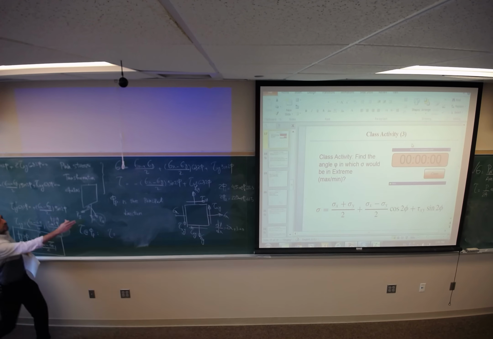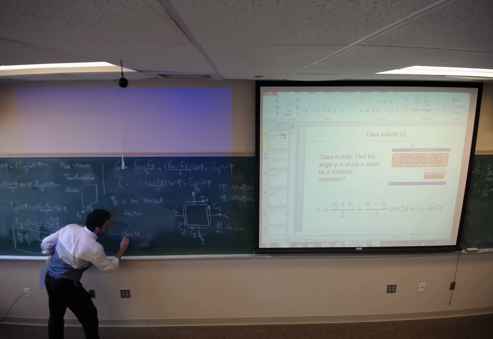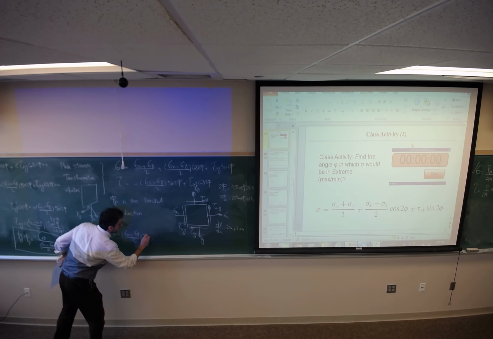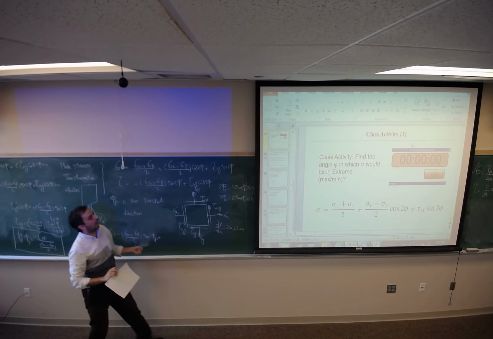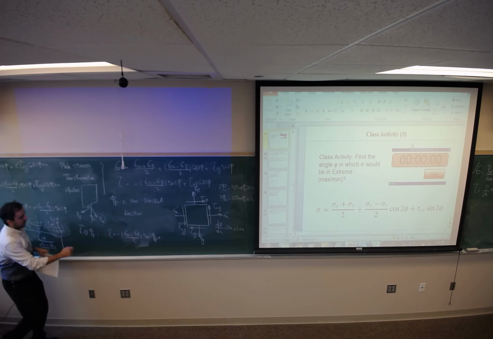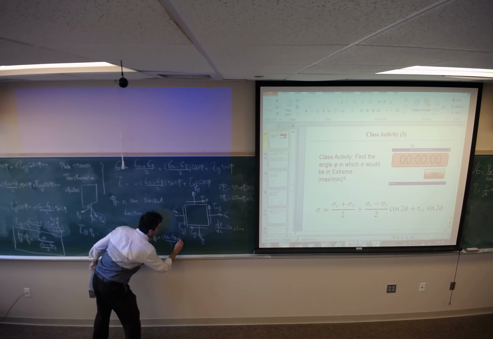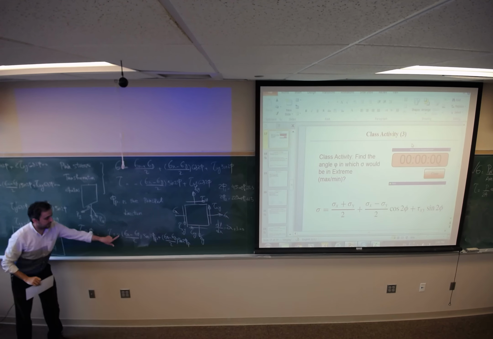let me have this negative (sigma x minus sigma y) divided by 2 sine of 2 phi p, plus, just look at the second term, tau xy cosine of 2 phi p. Tau xy cosine of 2 phi p is going to be this equation. So I substitute this by this one. So it's going to be plus (sigma x minus sigma y) divided by 2 sine of 2 phi p. This is negative, this is positive.